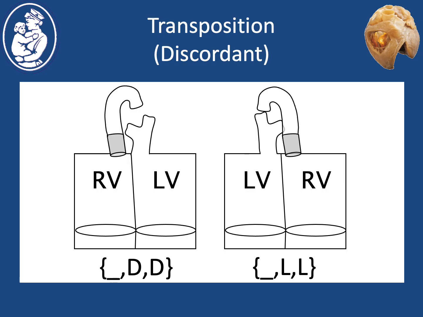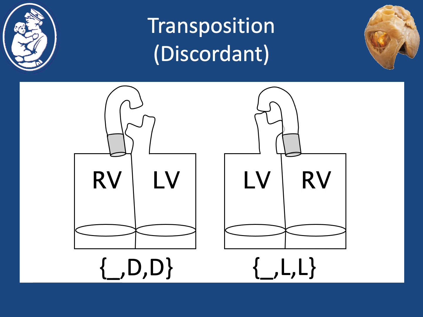Another type of ventriculo-arterial alignment is transposition or discordant ventriculo-arterial alignment. Here, the aorta is aligned with the right ventricle and the pulmonary artery with the left ventricle.